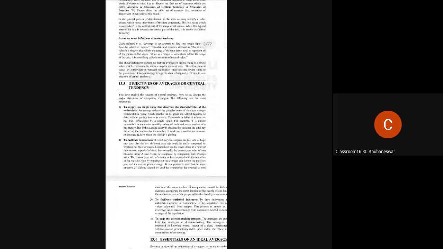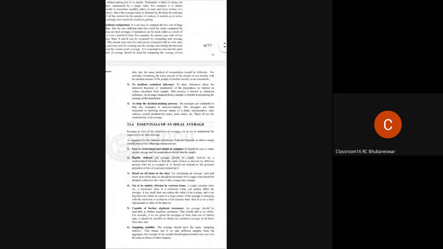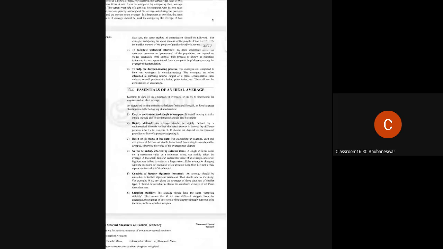Some meanings and properties are given here. Measures of central tendency means to find out the average by the given method.